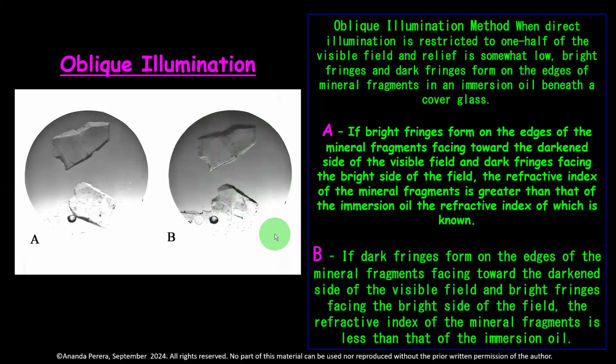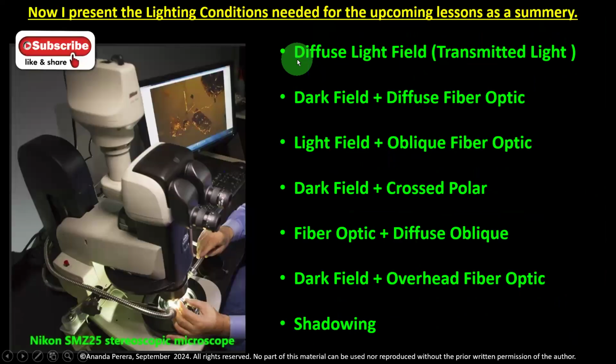It is less than. This is greater than. The oil's refractive index is known. It is greater than. This is less than. So that is oblique illumination.